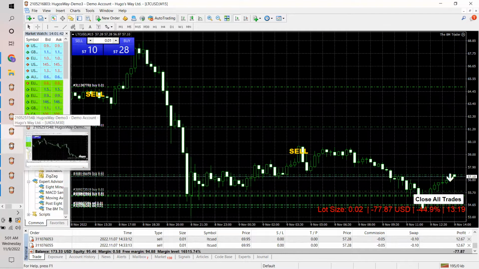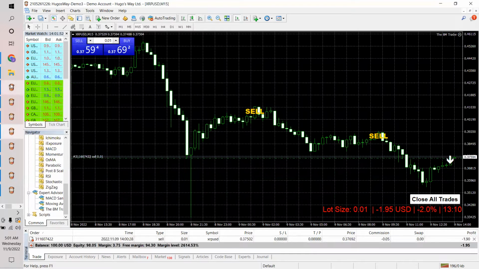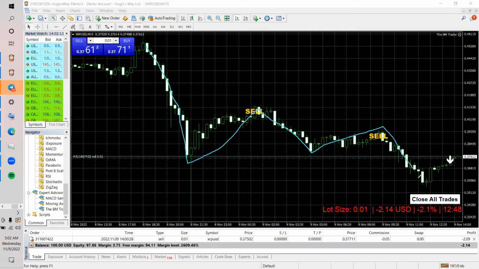As we allow these trades to play out, the reason we're getting into some of these trades is I notice that there is a massive downtrend taking place. If we look at the market structure of XRP USD, for example, we've got a lower low being created right here, a lower high, another lower low, another lower high, another lower low.